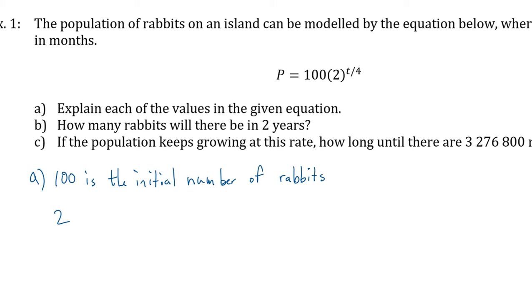It is increasing. The population of rabbits is increasing. And 2 is the multiplier. So I'm taking the population and I'm multiplying it by 2. And then after a certain amount of time, I'm multiplying it by 2 again. And then after a certain amount of time, I'm multiplying it by 2 again. So in this case, 2 means the number of rabbits is being multiplied by 2, or is doubling.